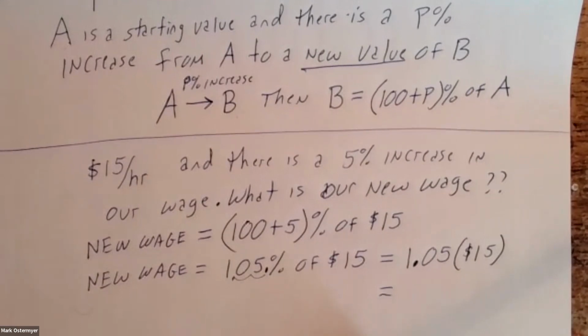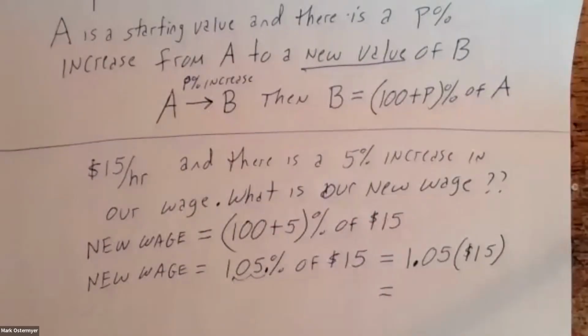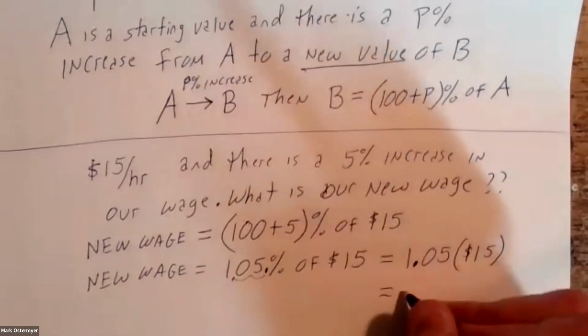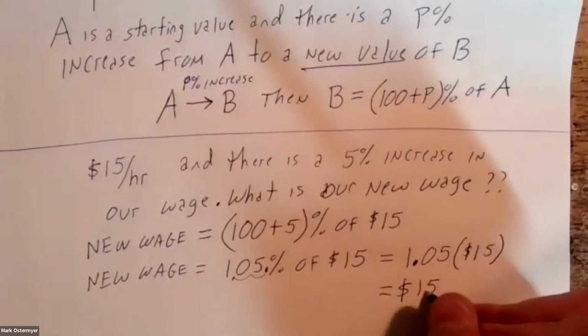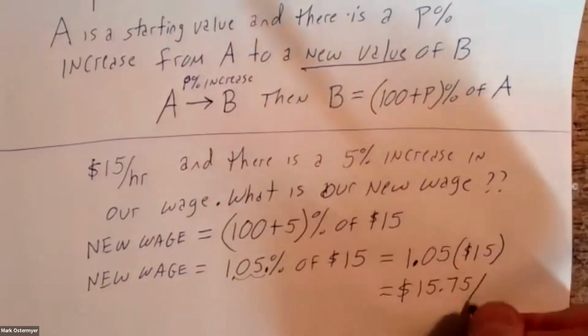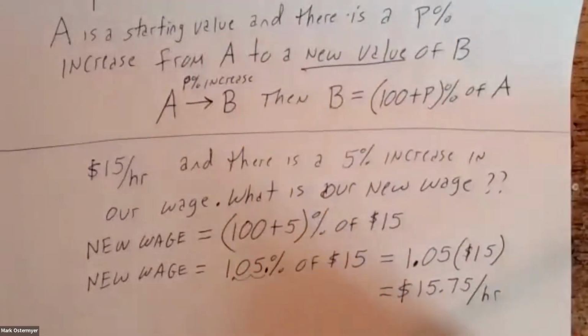I heard 15.75. Okay. So we will be making $15.75 per hour if there's a 5% increase in our wages. Does it make sense how we computed the new wage?